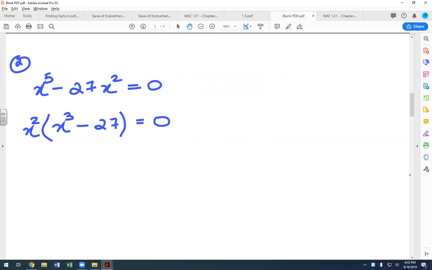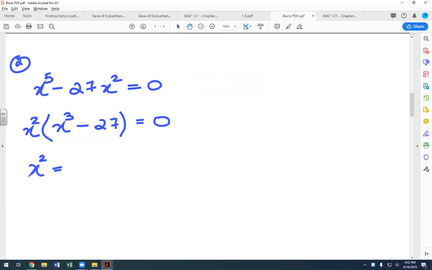I am very impressed. You may be the first one in all of my life of teaching who actually knows that rule. So if you know the rule, you can use that to factor that x cubed minus 27, but if you don't, and even if you do, make your life easier.